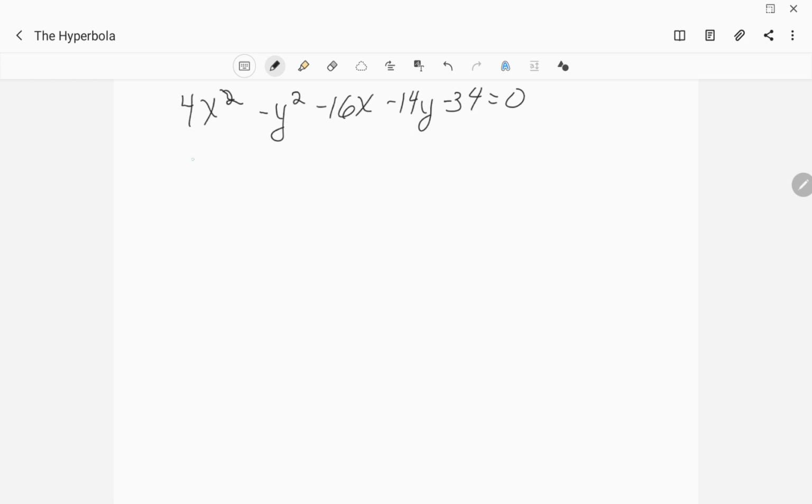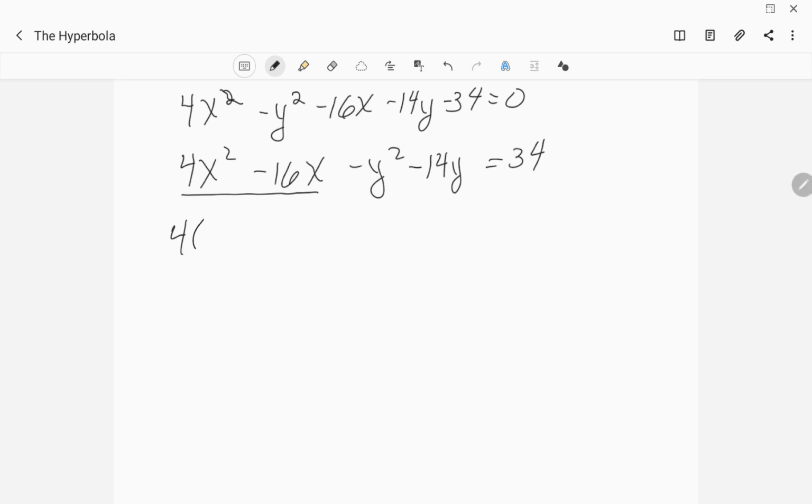So I'm going to gather my x's together, 4x squared minus 16x. I'm going to gather my y's together, minus y squared minus 14y. And I'm going to move the 34 over. All right. I need to complete the square with my x's, but you cannot complete the square when there's a coefficient in front of your x squared.